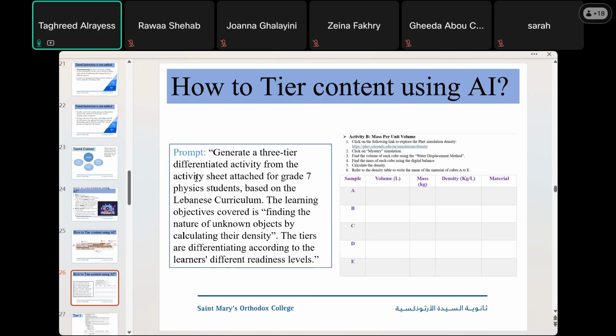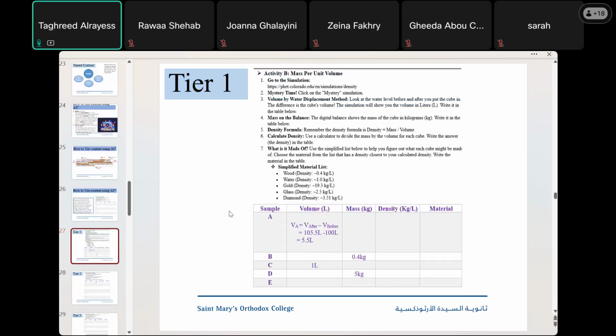And after I input the following prompt on Gemini, and I also attached the activity sheet that is pre-made by me earlier. After I have received the output, I made very minimal edits, and I reviewed the content, and these are the final 3 versions of the activity sheet that I received and used in my classroom.